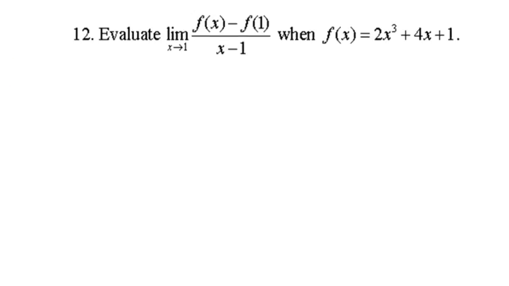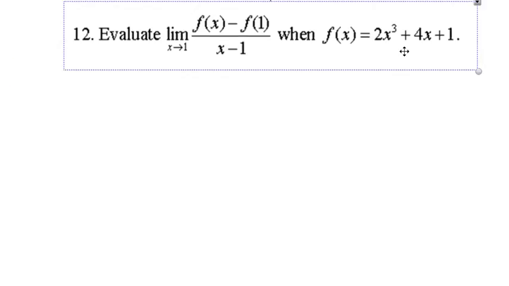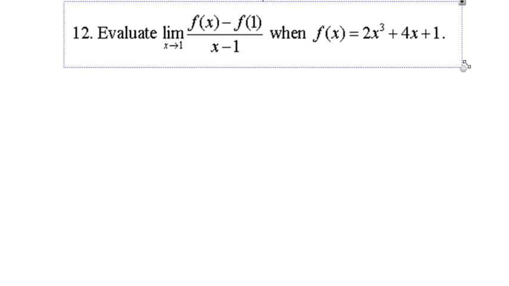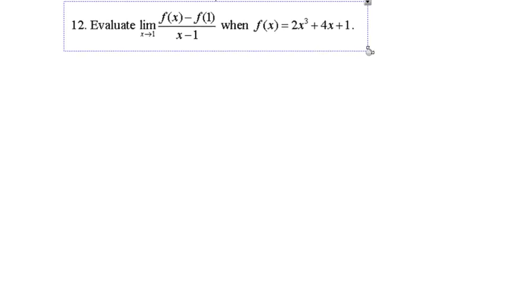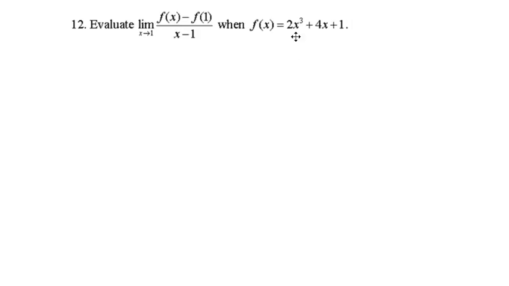Problem number 12. Evaluate the limit as x approaches 1 of f of x minus f of 1 over x minus 1 when f of x equals 2x cubed plus 4x plus 1. So I've created a little room here. What we're going to do is first plug in this function.